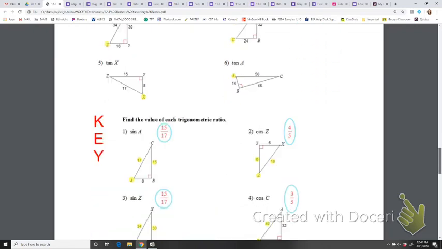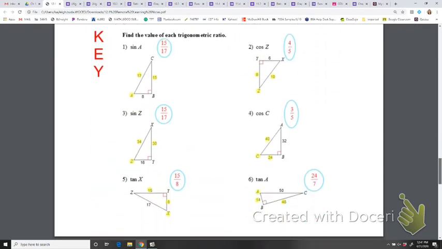Alright, I'll show you the answers down here in lowest terms. I also highlighted the sides that we should be using. Sine is opposite over hypotenuse, so that's 5/17. Cosine of Z is the CAH part of SOHCAHTOA, adjacent over hypotenuse, which would be 8/10, but you have to reduce it to 4/5. Sine of Z, again opposite over hypotenuse, would be 30/34, but reduces to 15/17.